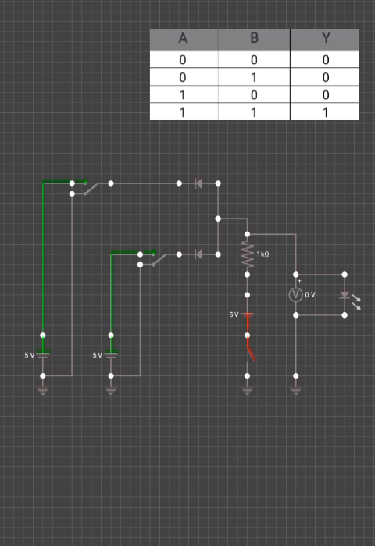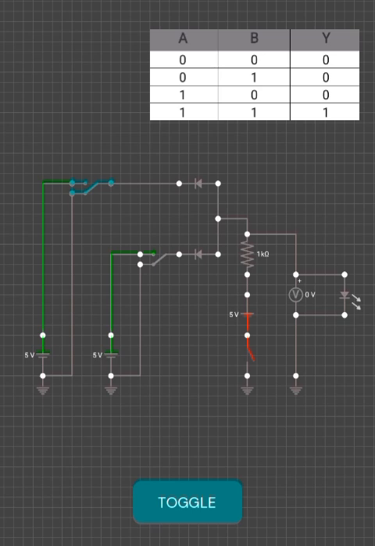Before we start, let me mention the components we have here. We have two diodes. This is my diode A and this is my diode B. On my diode A, I have a switch attached to it, a two-way switch to be specific. This switch goes from 1 to 0, high and low.